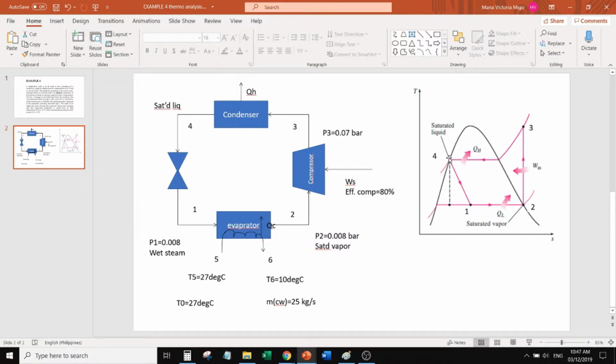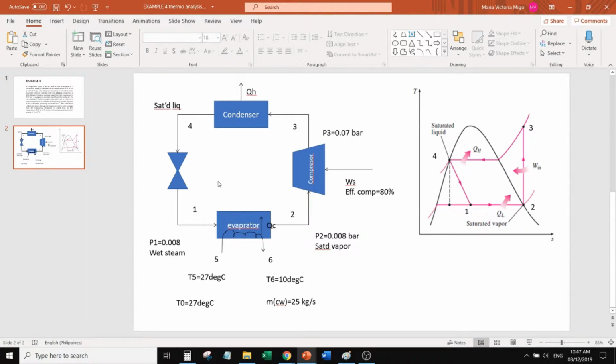And then it enters a throttle valve. Supposedly this should not be a straight line, it should be a curved line to represent the throttle valve.